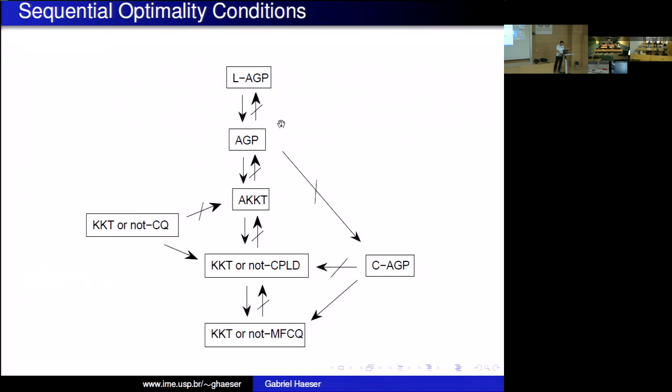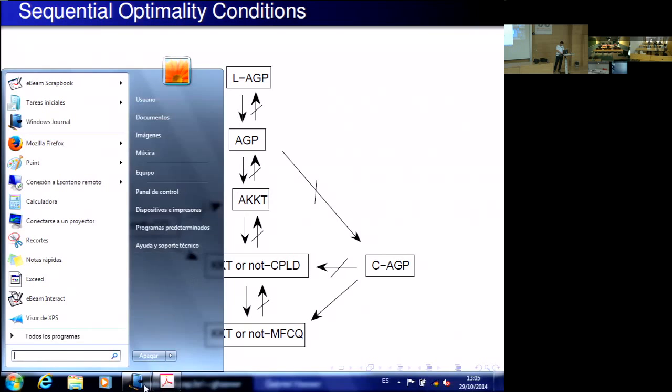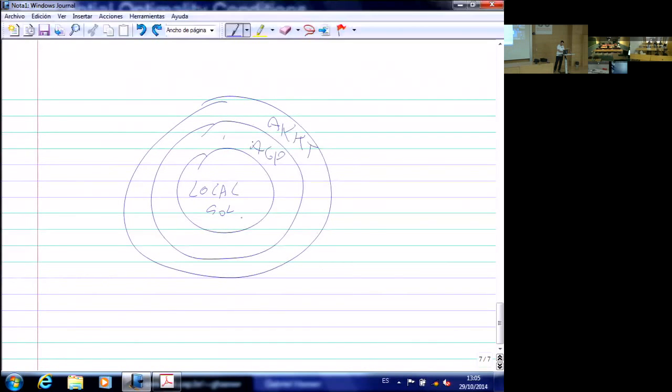You mean something like, if you want to measure this area here, this error, okay. For this kind of condition, no, but I know something about it: if you generate a problem randomly, it will typically fulfill the linear independence constraint qualification.